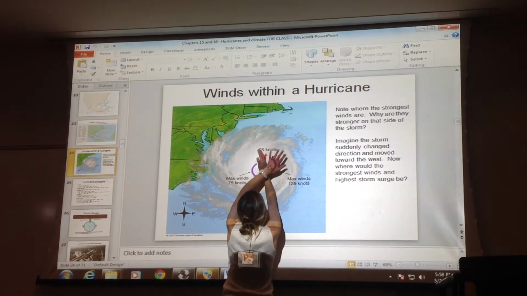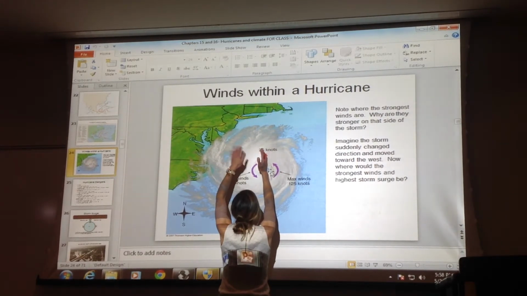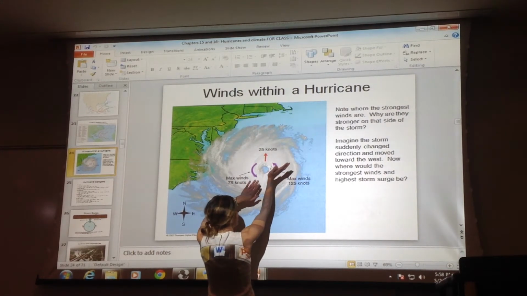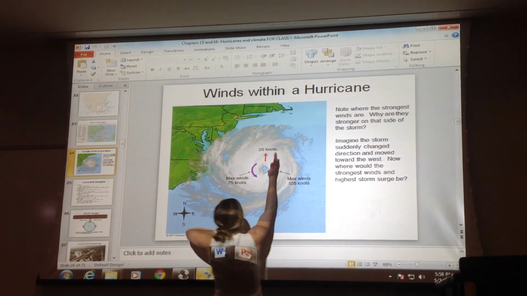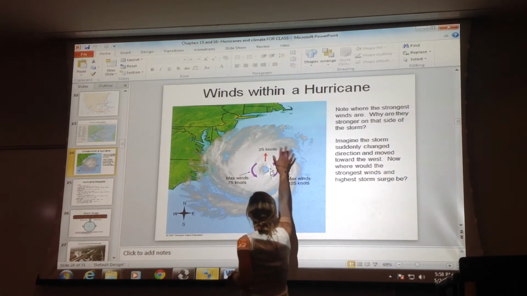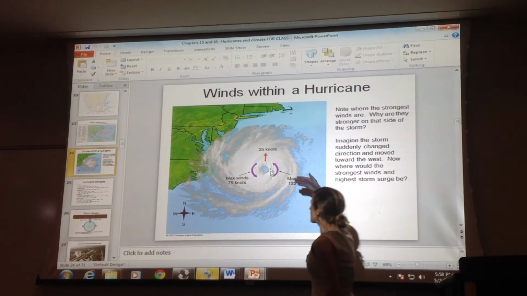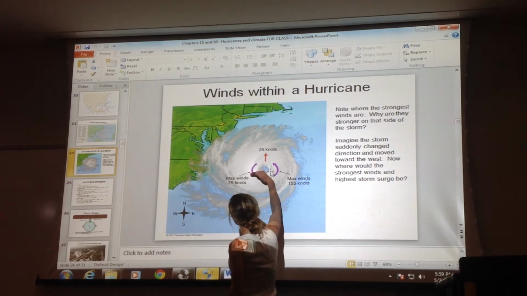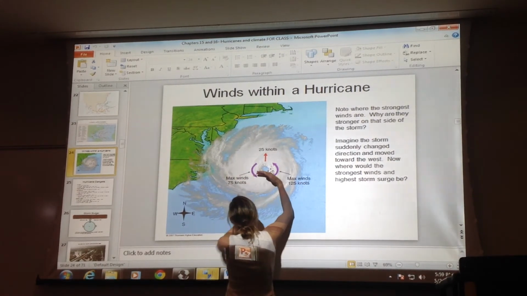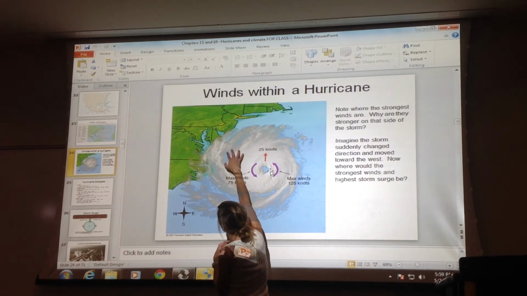So you have your right front quadrant and your right rear, and left front. Because of the storm motion and the winds, that's strongest on this side. And as the storm circulates, it's kind of gathering water and then pushing it. It's concentrating the storm surge in that right front region.